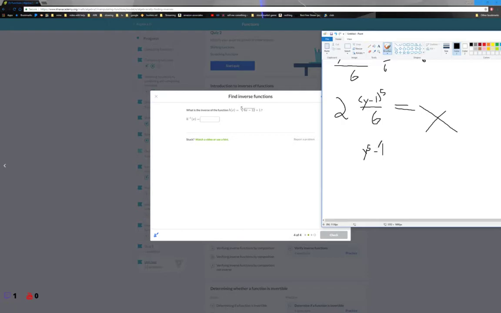Because negative 1 times negative 1 is positive 1, times negative 1 is negative 1, times negative 1 is positive 1, times negative 1 is negative 1, and that's going to be over 6. It's going to be 2 minus x.